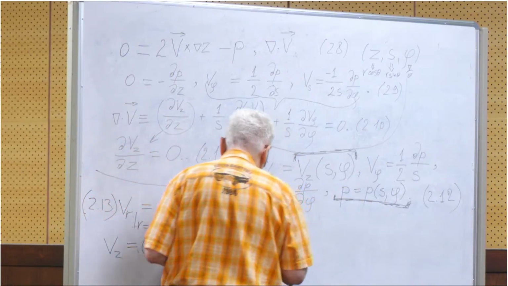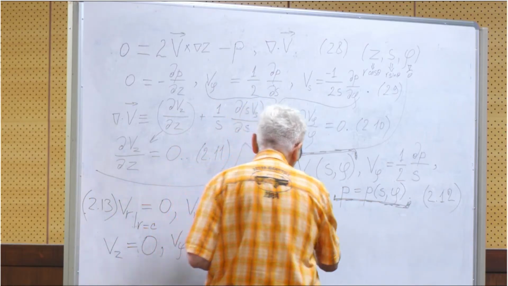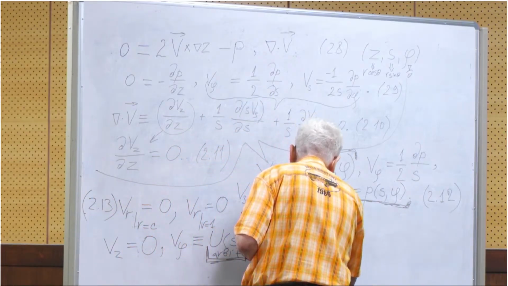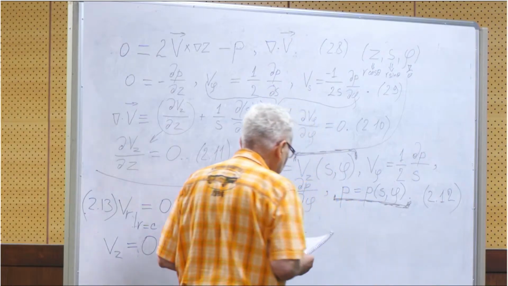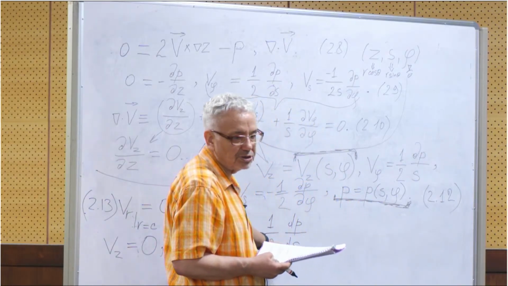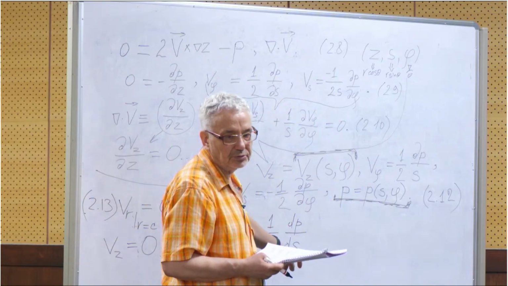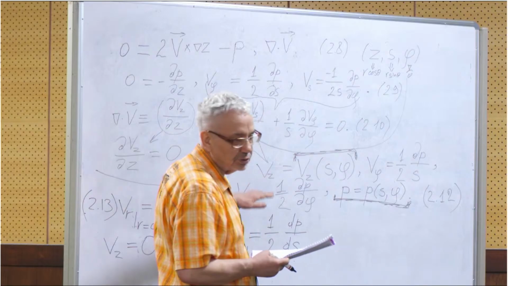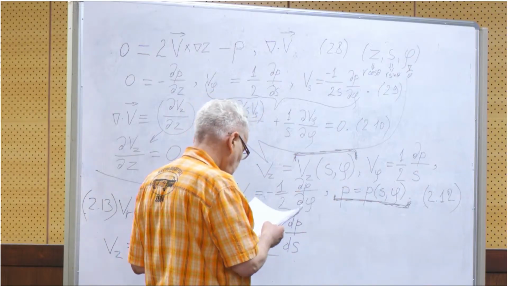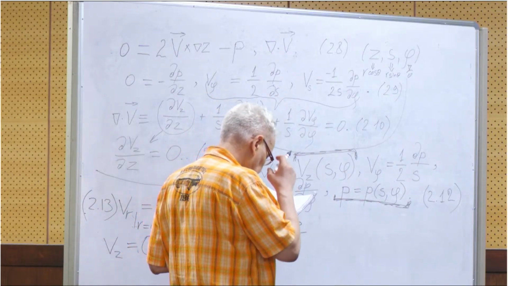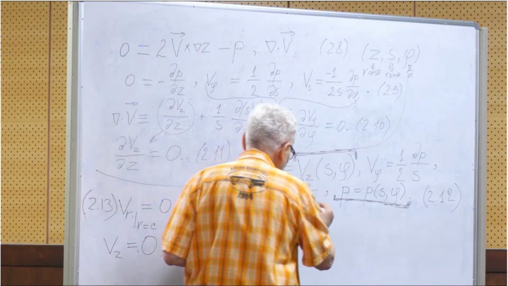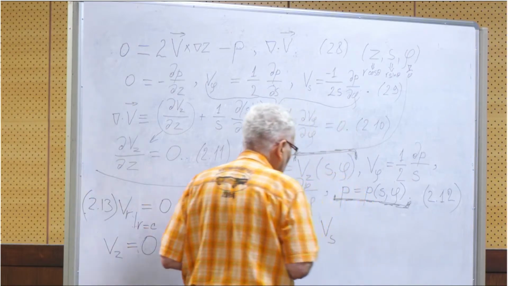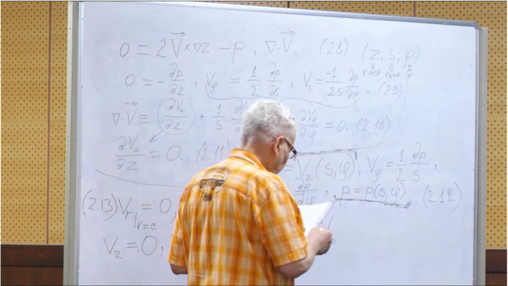It equals 1/2 dp by ds, and I should stress that here it's not a partial derivative, it's a direct derivative, because p is dependent only on s, and this is a consequence of the boundary condition. And also there is another simplification: the cylindrical coordinate of the velocity is simply 0.